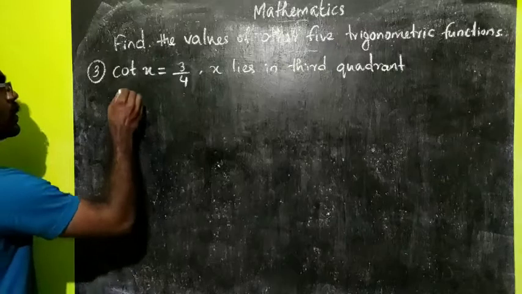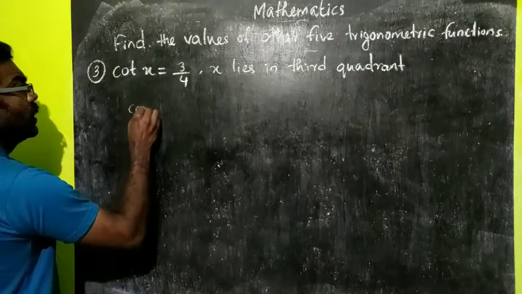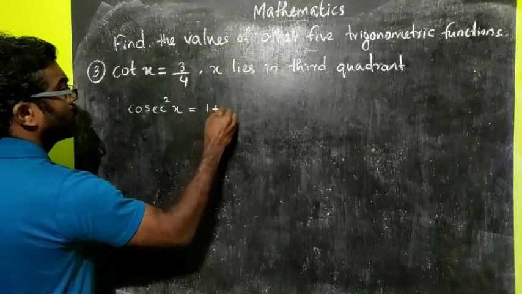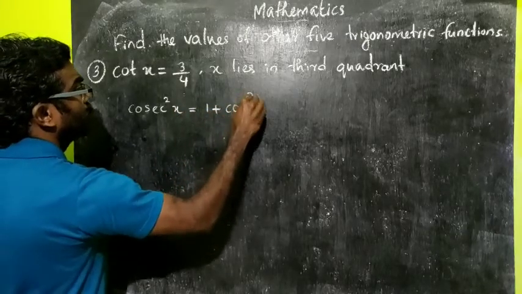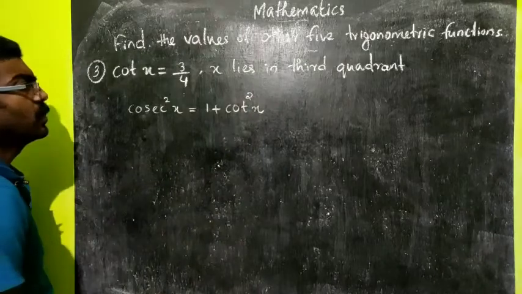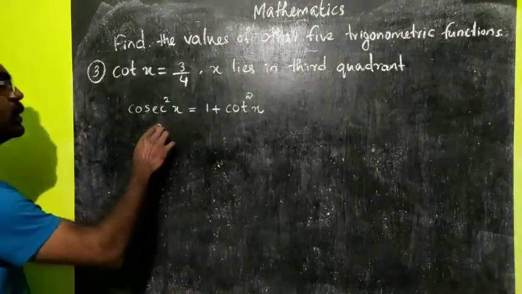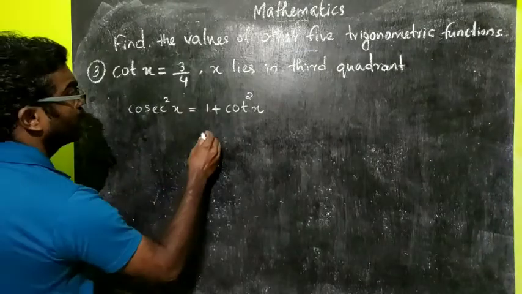Okay. So cot x. So we can find cosec square x. Cosec square x is equal to 1 plus cot square x. We have identity cosec square x minus cot square x equal to 1. So from this we can write cosec square x is equal to 1 plus cot square x.